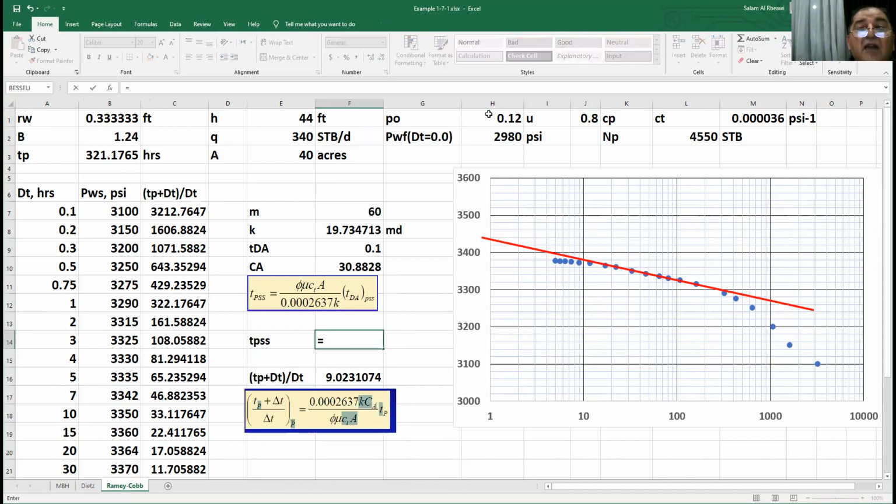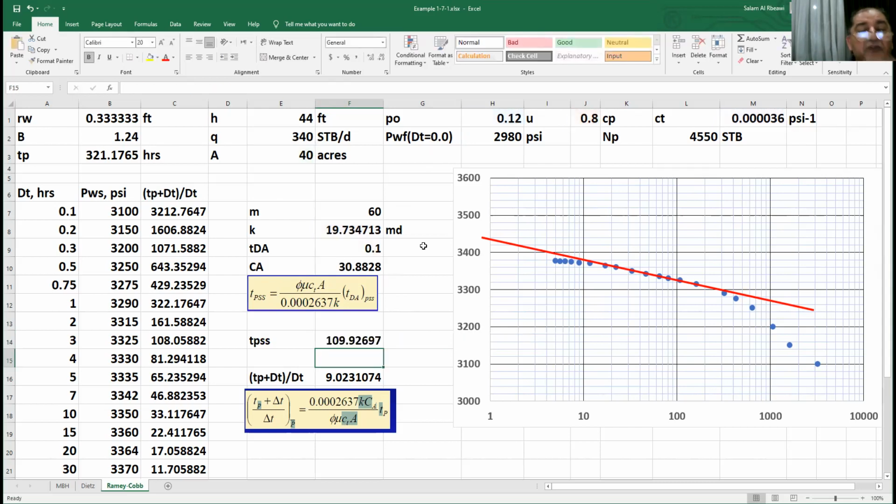So tpss is phi mu ct times A, again times 43560, divided by 0.0002637 times k, this is k, times tDpss, this one.